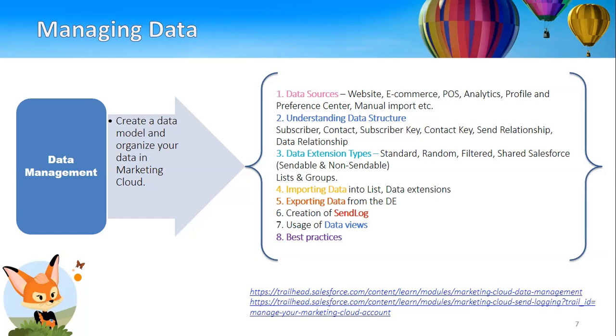Then it will check whether we can send an email to this person or not. Then it will send out an email to that person. So when you are mapping the subscriber key as a send relationship, and using subscriber key as a primary key, it will choose only one single record. And in this husband-wife scenario, only one person will be eligible for the send.